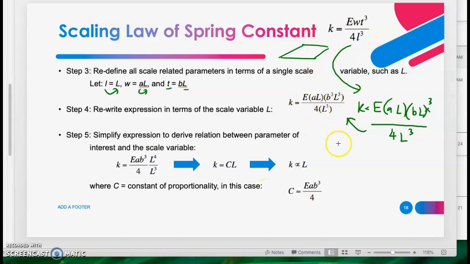So we're going to simplify this formula and take out the constant. So it becomes EAB over 4.